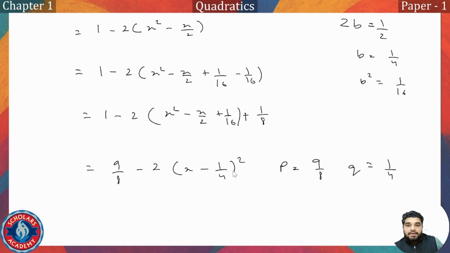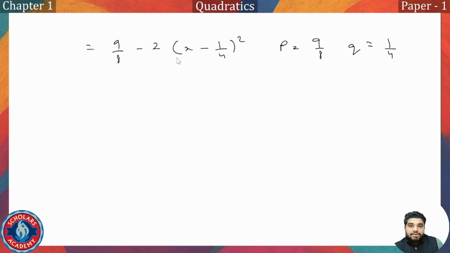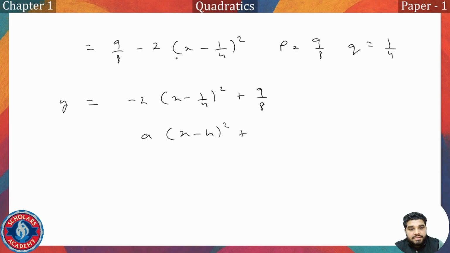Alright, now what they want is to sketch the graph for this equation. If we write it properly, we can write it as y is equal to negative 2 times x minus 1 over 4 whole square plus 9 over 8. If we compare it with the general equation, that is a times x minus h whole square plus k, a is actually negative 2, a is less than 0.